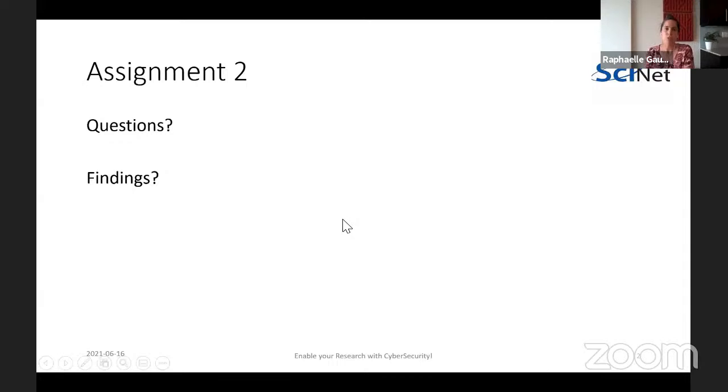So, assignment 2: are there any questions, any findings? Do you need any help? Were you able to create your keys? We can take a few minutes if you have anything you'd like to ask.